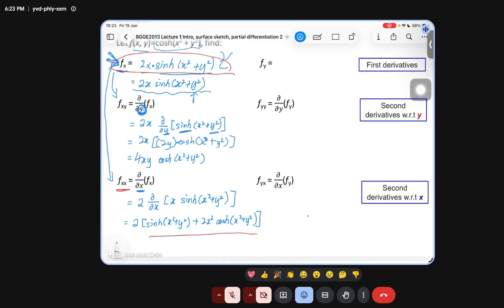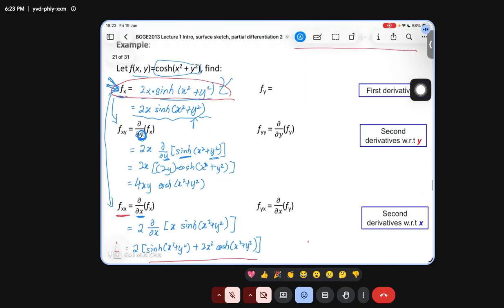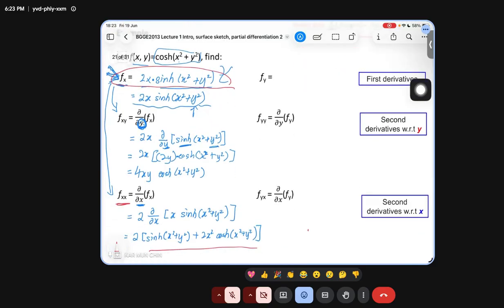Over here, you can apply the product rule. So you can use the same method and complete this part. Okay, guys, you want me to give the answer now, or you want to do it and I'll upload the answer later? Up to you guys.